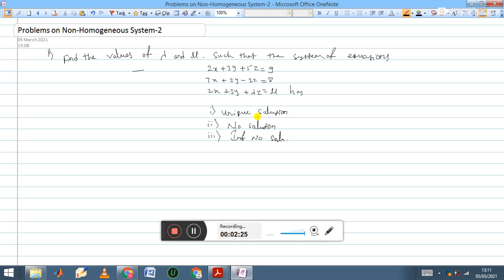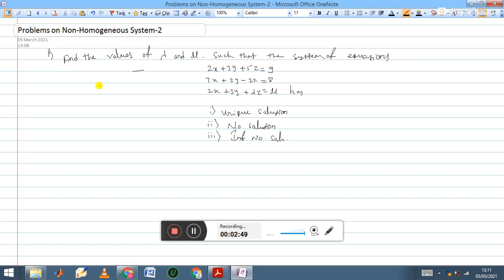For what value of lambda and mu the system is giving unique solution or no solution or infinite number of solutions, we need to discuss these cases. Many times in the examinations they will ask this type of problems. Means you need to discuss cases. What is case 1, case 2, case 3.